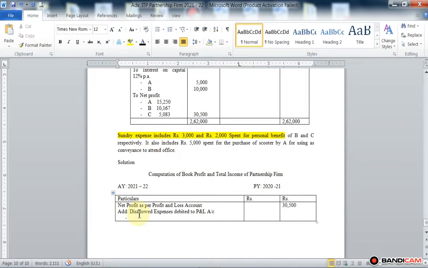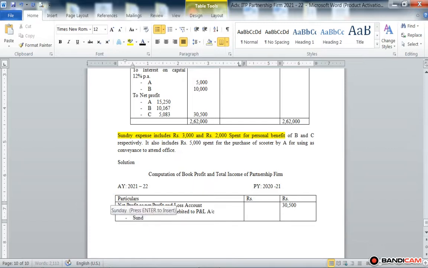So here sundry expenses, in bracket personal expenses of partner.